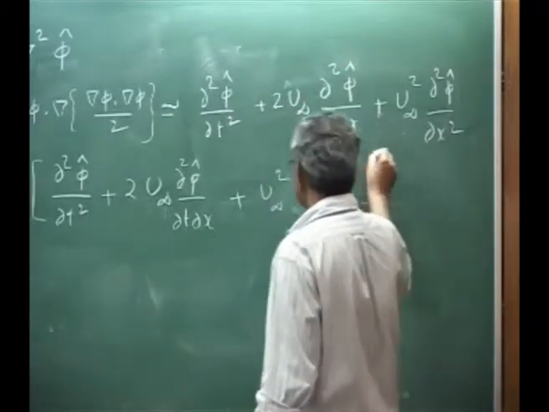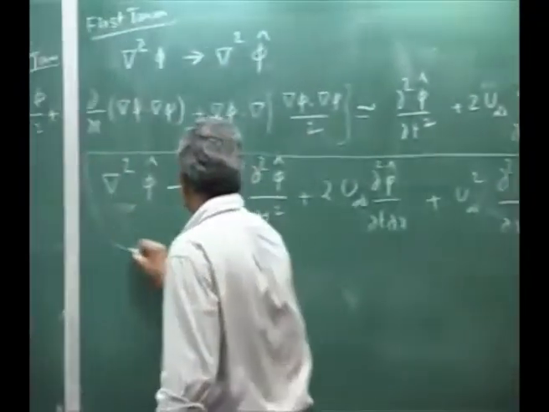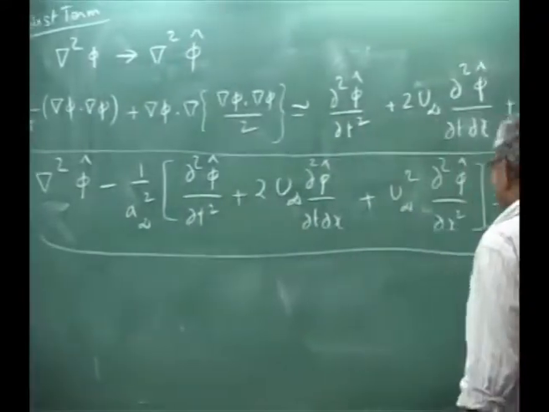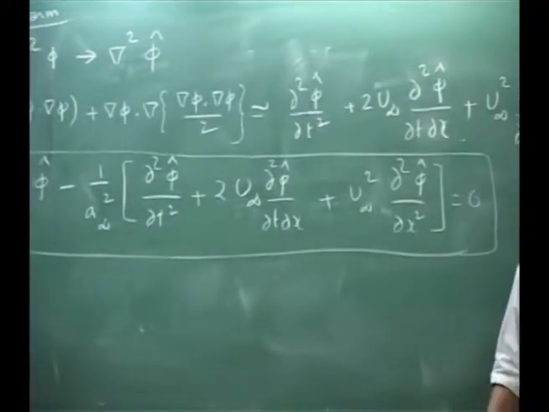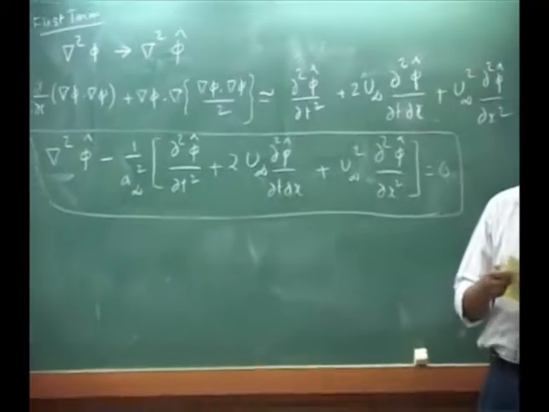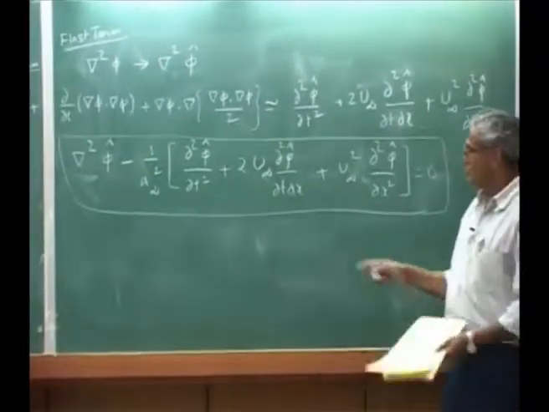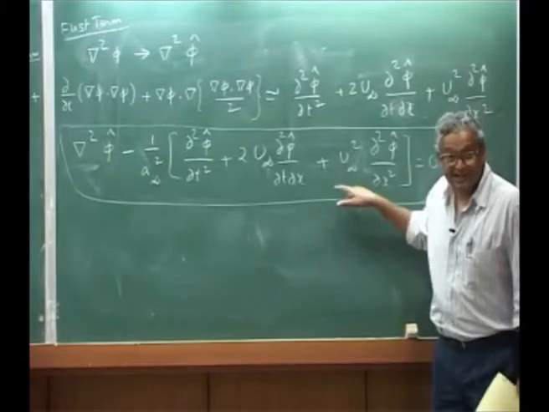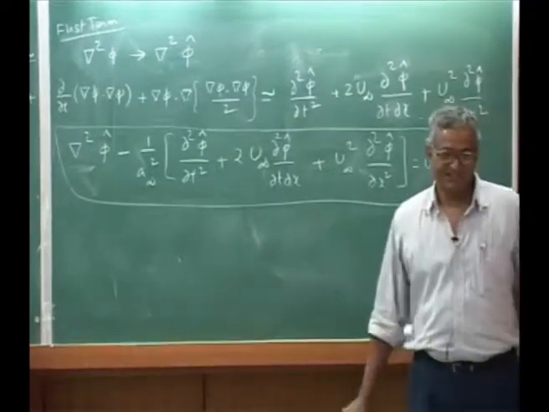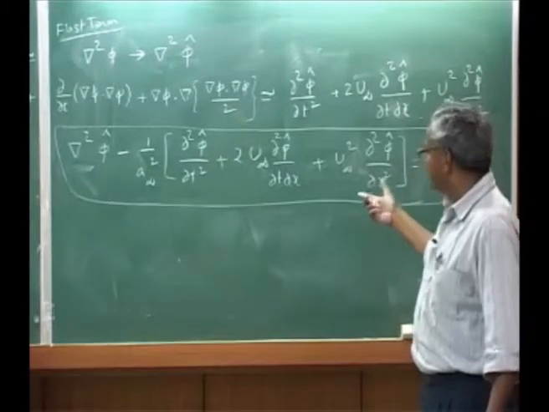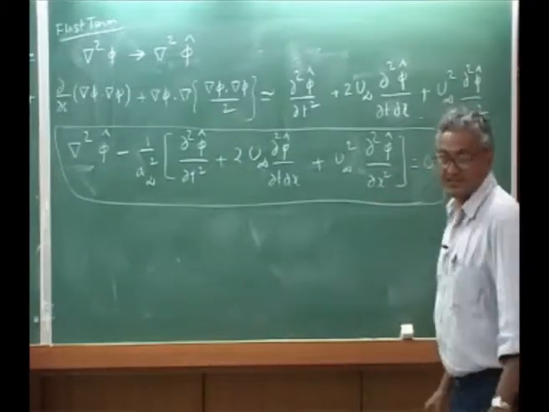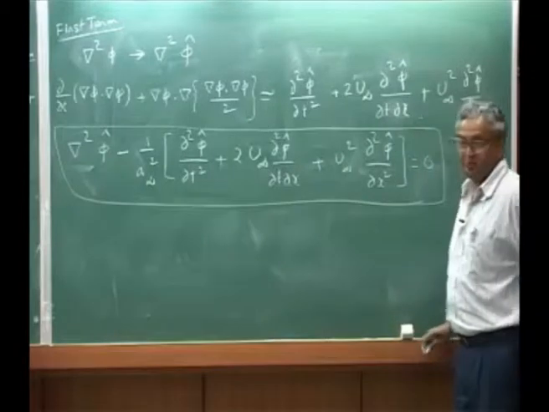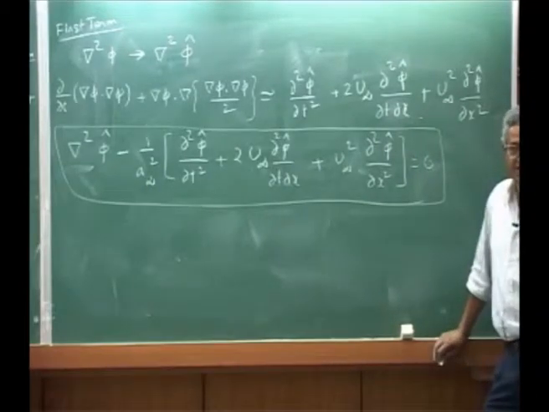Please understand, this is my unsteady small disturbance linearized potential flow equation. Because this is linearized, this equation is completely, absolutely linear, no problem. You have a linear equation.